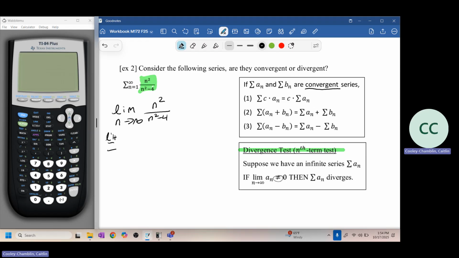Remember how I said L'Hopital's would come in handy later? So then we get the limit as n goes to infinity. We take the derivative of the top, which is 2n, and the derivative of the bottom, which is 2n. If I cancel this, these cancel, and it gets 1. So this equals 1.